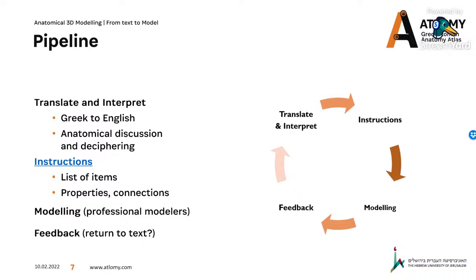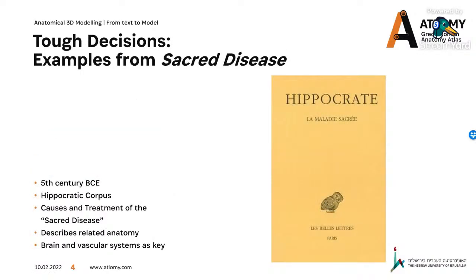And I want to give a couple of examples of some challenges that we encountered and how we made our interpretive decisions. So, two examples of how these came into play. One is from a text from the so-called Hippocratic corpus, the text on the sacred disease from the 5th century BC.